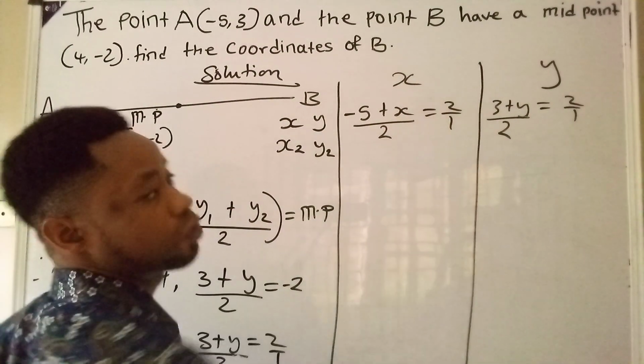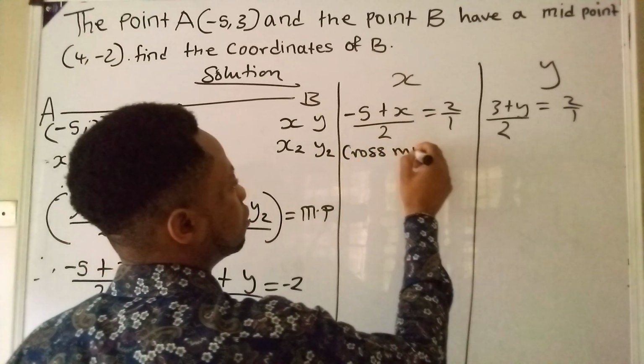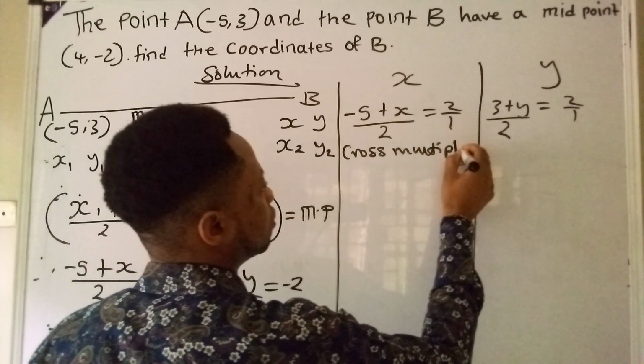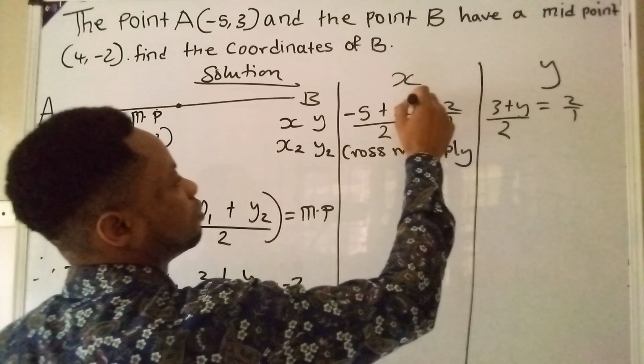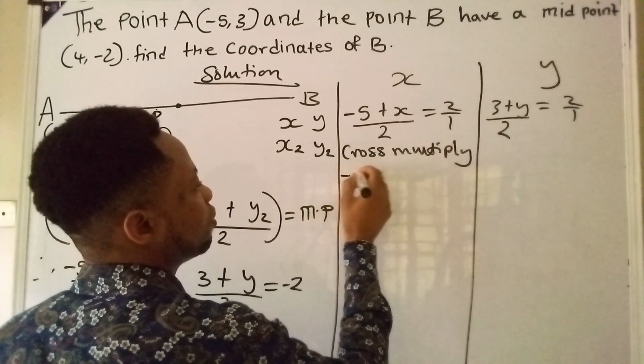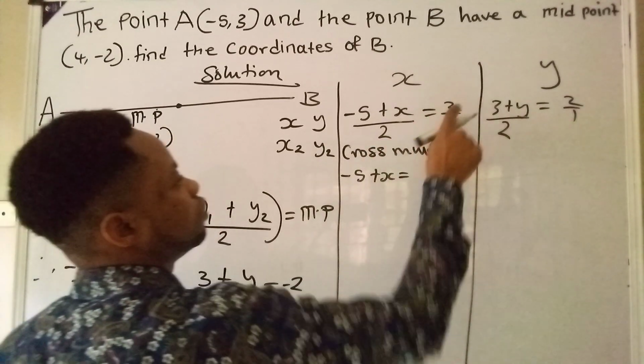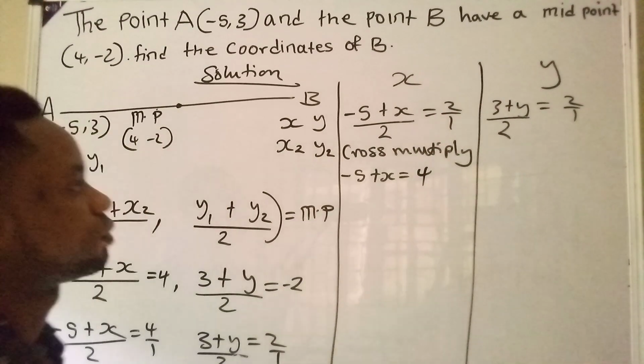So here we are going to cross multiply. When you cross multiply, we have -5 plus X times 1. We are going to have -5 plus X equal to 2 times 2 gives you 4.